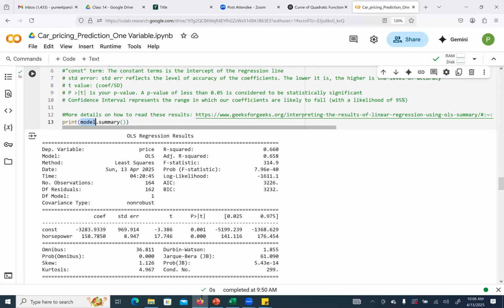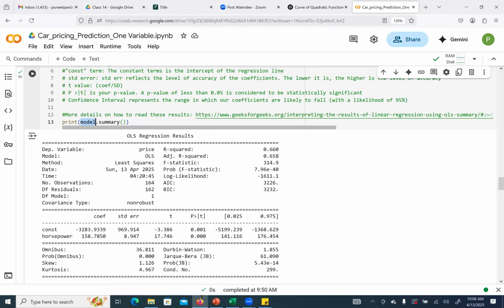Because then my hypothesis testing is telling me that if I repeat this experiment again and again, the coefficient might come 0 for weight. That is, weight is not an important variable. Whatever variables have p-value less than 0.05, we are accepting those.